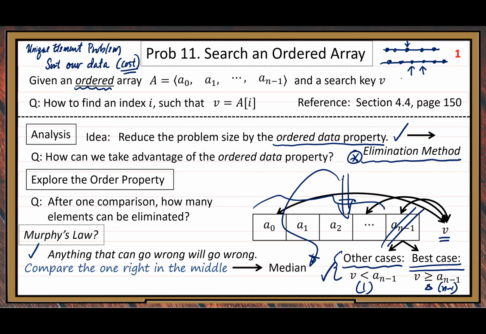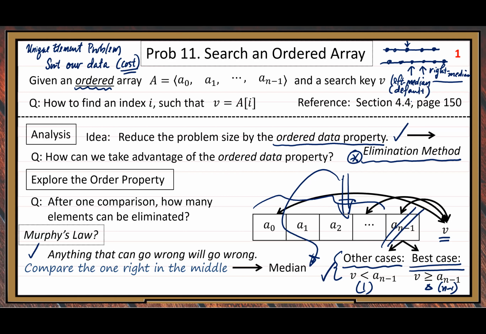These two are called the left median and the right median. Two medians, all right? But the left median is the default median.